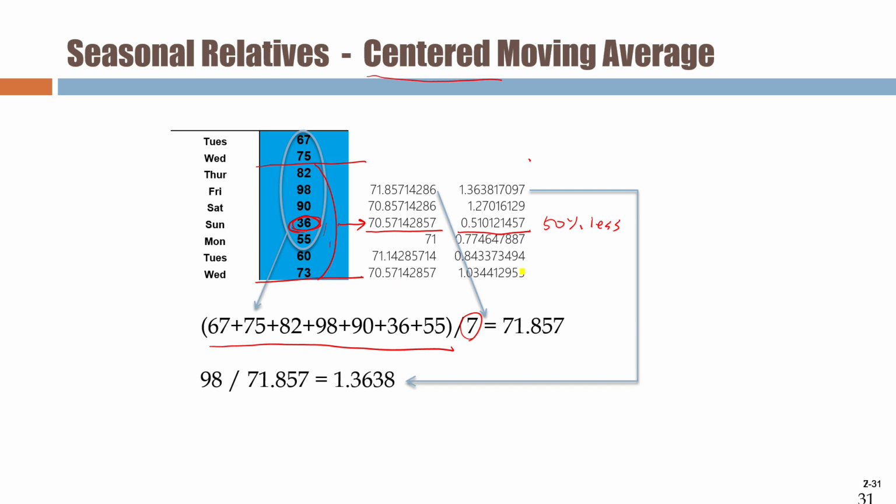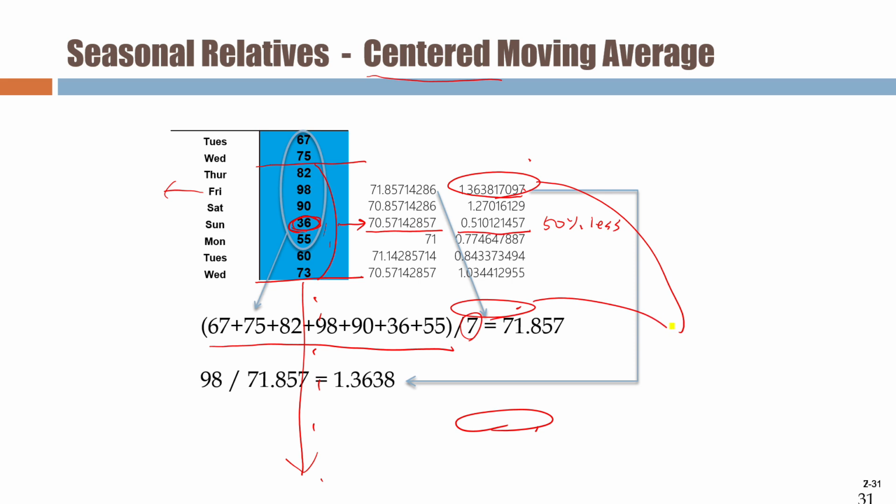And then what we're going to do is, actually you will have a lot of data here, right? You can get a lot of them. And then you collect only the Friday factors. You will have all different Friday factors, but how can I get the Friday seasonal relative?